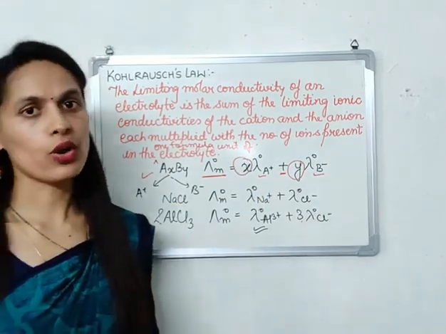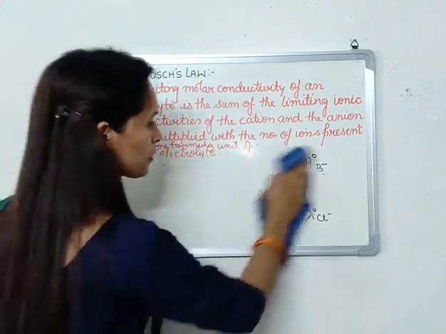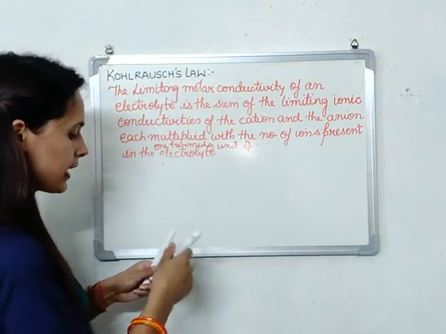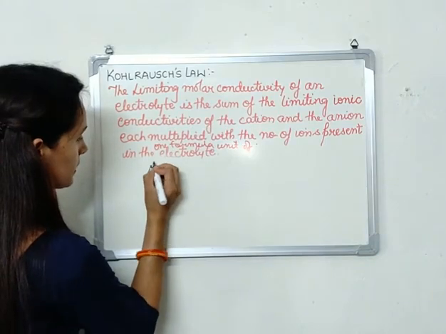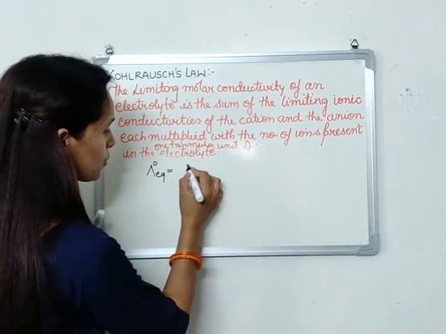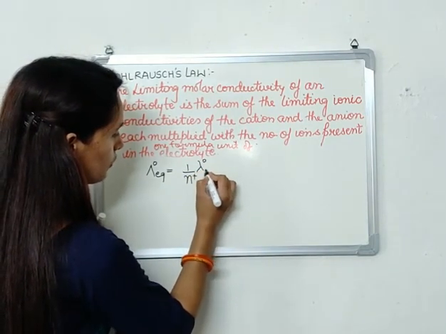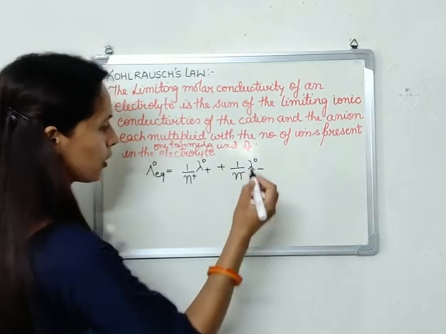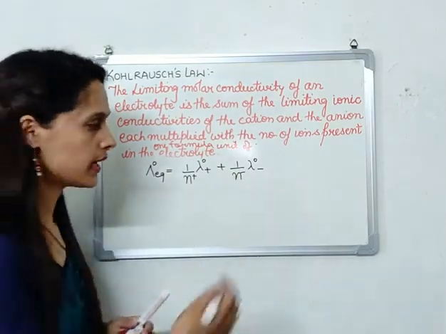Now we'll explain Kohlrausch's law on the basis of the equivalent conductivity. On the basis of the equivalent conductivity, lambda naught equivalent for any electrolyte is equal to 1 upon n positive lambda naught for cation plus 1 upon n negative lambda naught for anion. What are n positive and n negative?